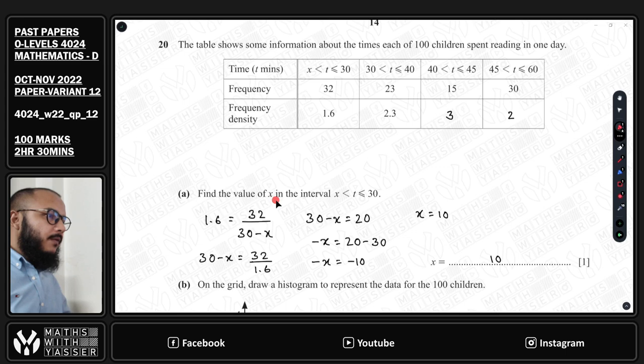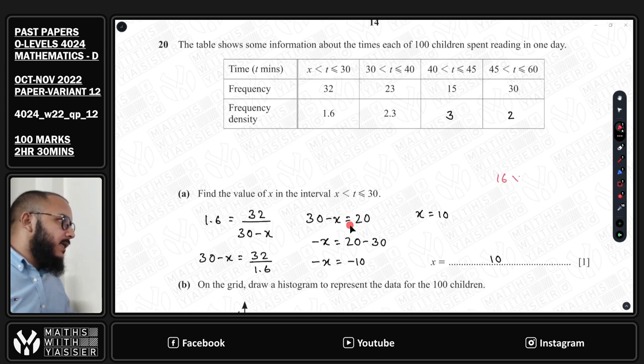They're asking to find the value of x in the table, in the interval x less than t less than or equal to 30. So we need to find the value of x. So we know that frequency density is frequency over class width. That means 1.6 should be equal to 32 over 30 minus x, or we can cross multiply and say 30 minus x is equal to 32 over 1.6, which is 30 minus x should be equal to 20.